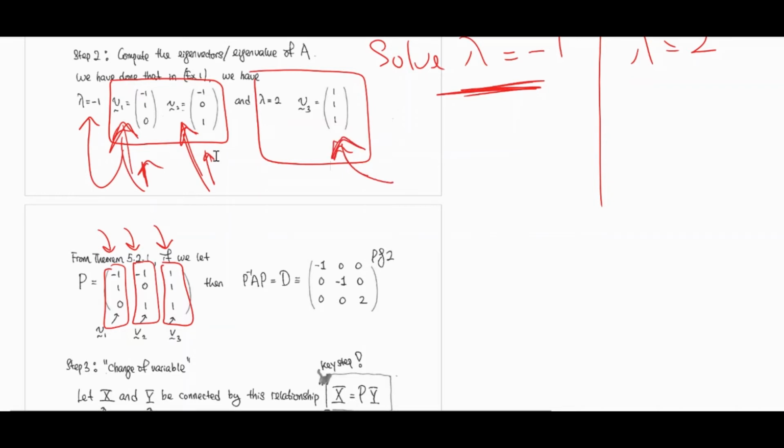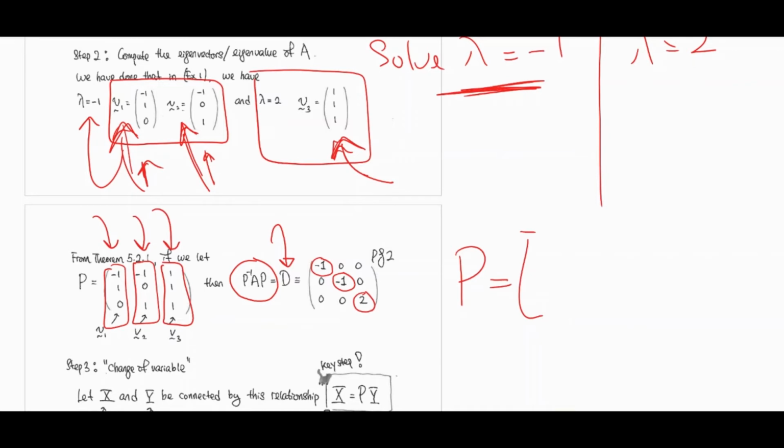So if you put V1, V2, V3 as column vectors into your matrix P, we know that P is invertible. And not only that, from the process of diagonalization, we know that P inverse AP will give you this diagonal matrix, where this entry is the eigenvalue for this eigenvector, this entry is the eigenvalue for these eigenvectors, and this entry is the eigenvalue for these eigenvectors. There's no one saying that you have to put V1, V2, V3 in this order.